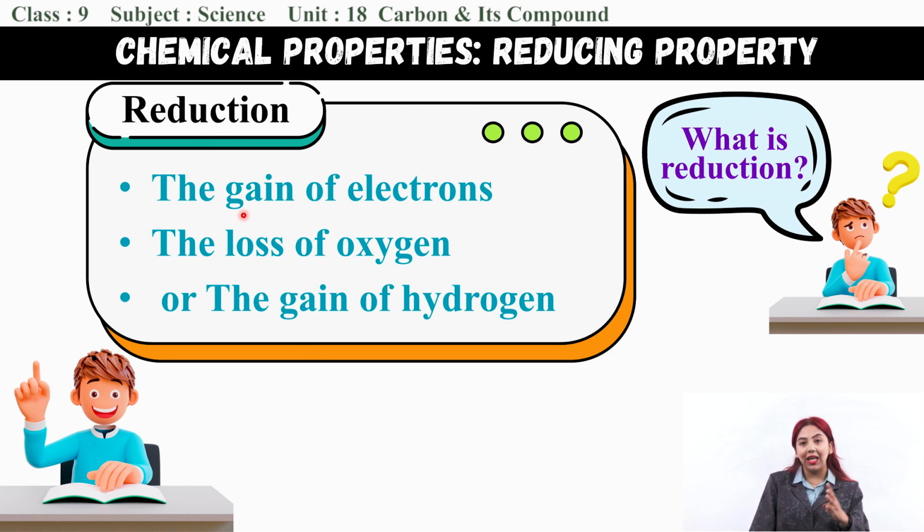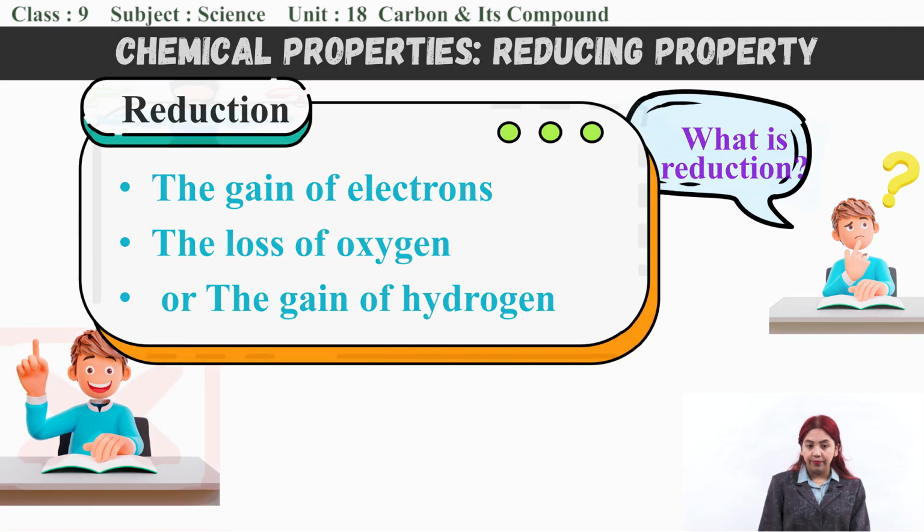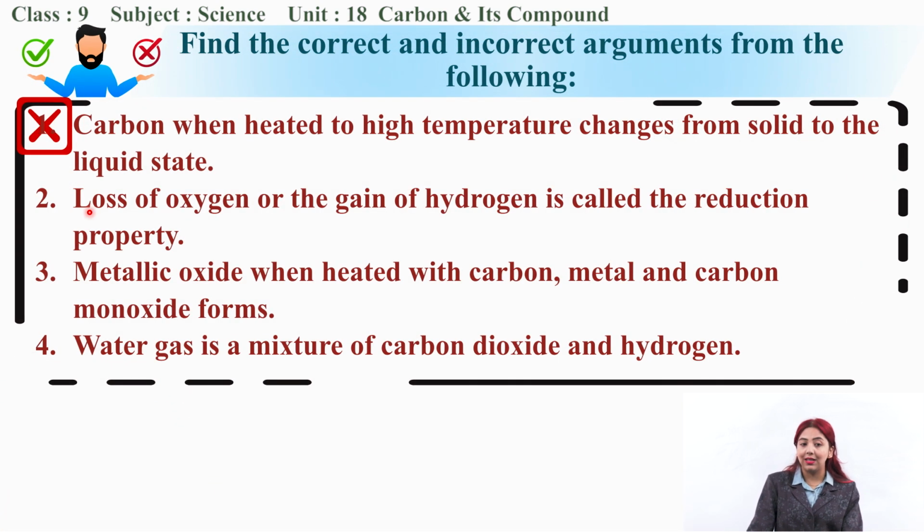So if there is gain of electron, loss of oxygen or the gain of hydrogen, then we can say that it is reduction. And over here the argument says loss of oxygen or the gain of hydrogen is called the reduction property. So is this correct? Yes, it's correct.